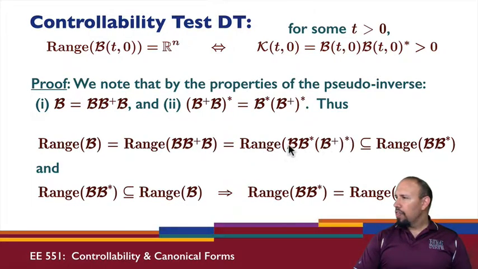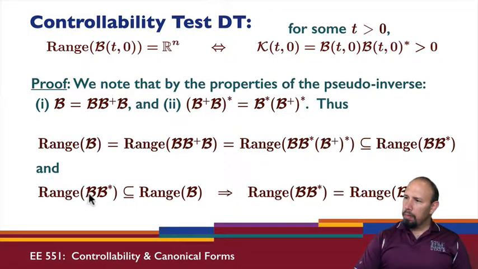And so the range of this matrix is contained in the range of B adjoint itself. In other words, I have this extra thing over here. But notice how out front I have B adjoint. And so the range of this is contained in the range of this. Okay, so what we've shown here is that the range of B is contained in the range of B adjoint.